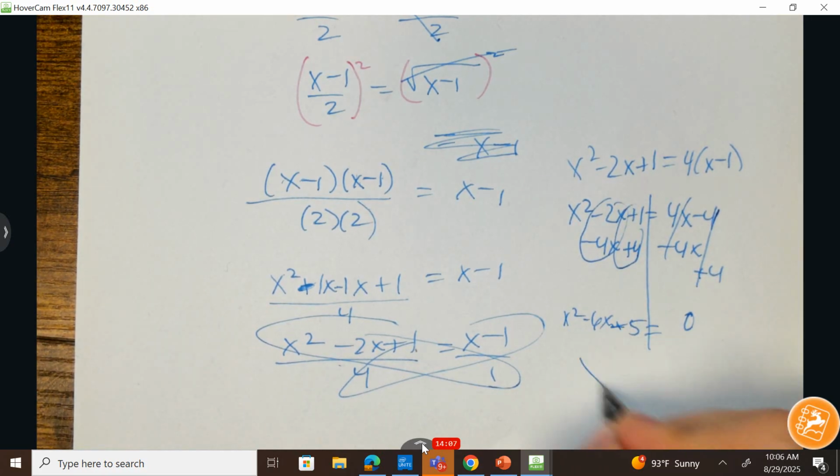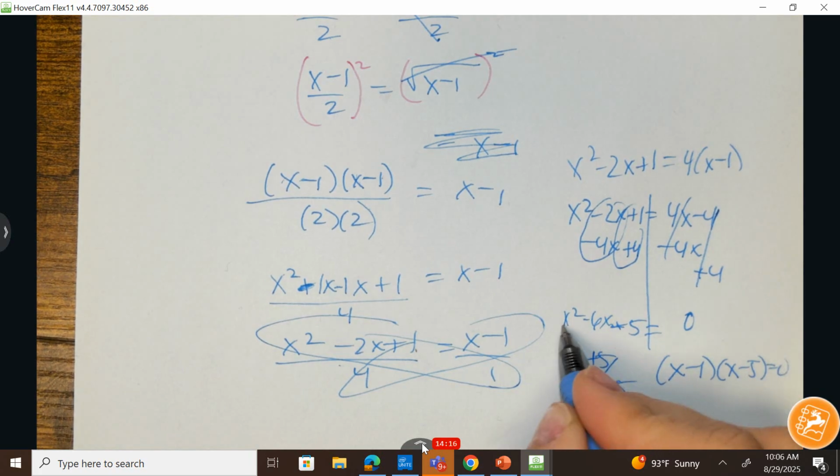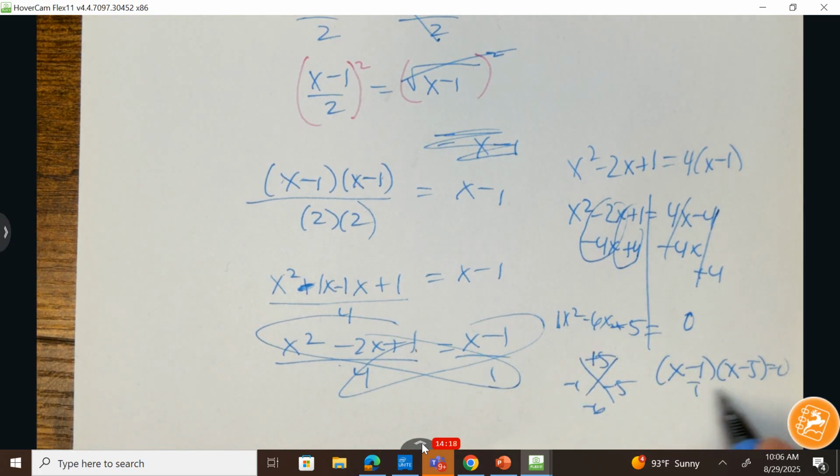So I'm going to solve by factoring if possible. Negative 1 and negative 5. So x minus 1 and x minus 5. If this was anything other than a 1, it would make a difference if I didn't drop it down below. So what will be opposite will be positive 1 and positive 5.